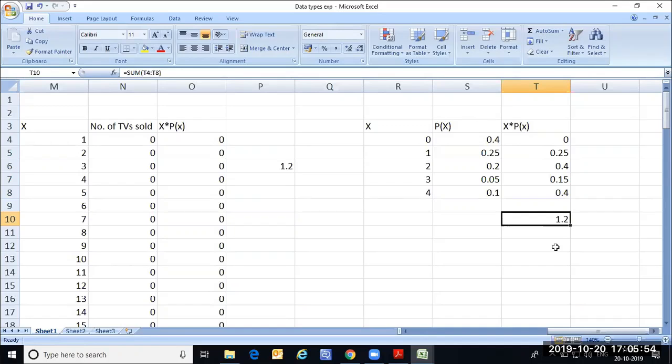No. Can I say the same thing, like in a 5 days time frame, I'll be able to sell 6 TVs? Does it make sense? So effectively, on average, you are selling 1.2 TVs.